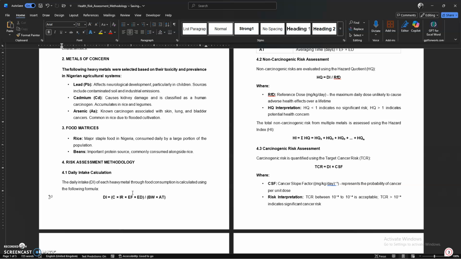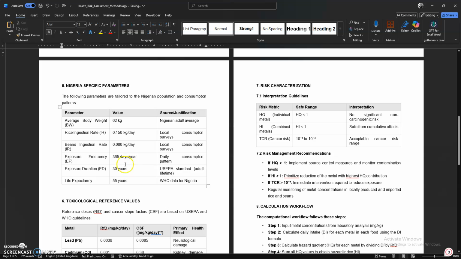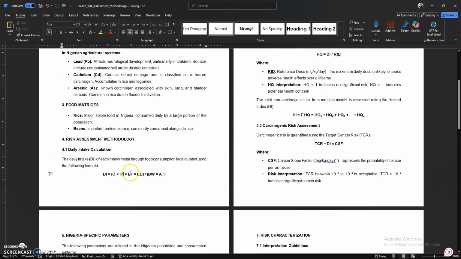You go to each house and ask them how much rice they eat every day, and you record it for like 15 people or 30 people, then get an average quantity. Once you get the average quantity, maybe in kilograms per day, let us say they eat 0.150 kilograms of rice every day. So you know that value too.